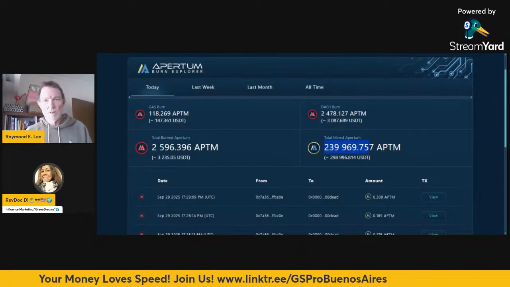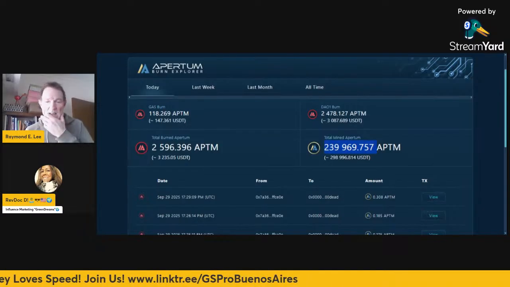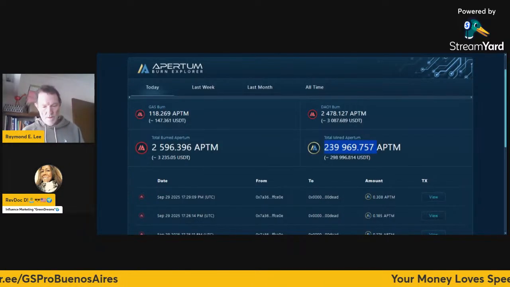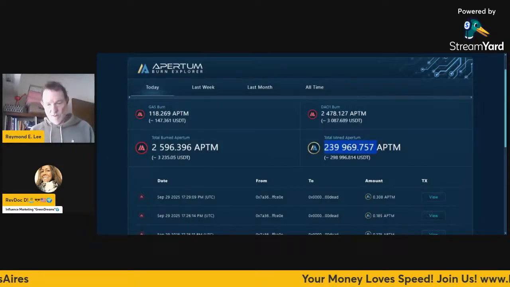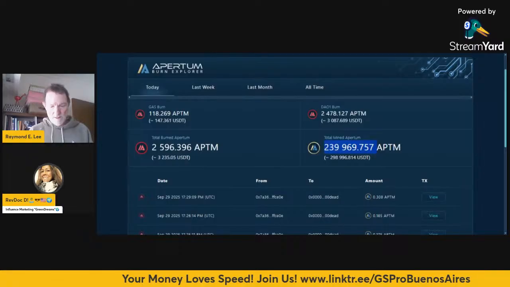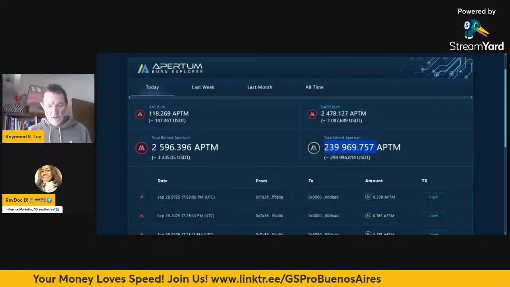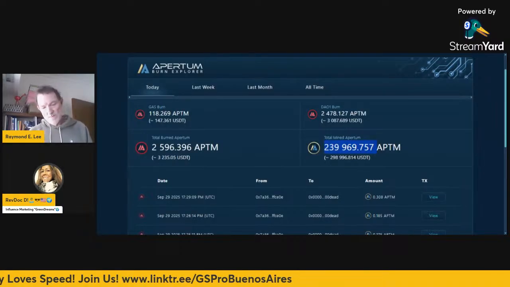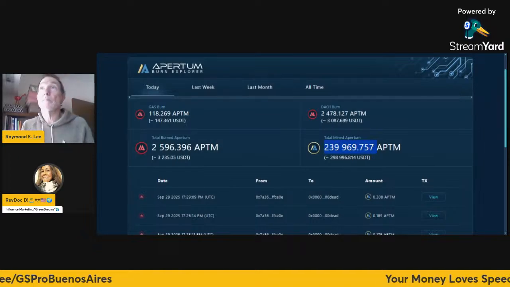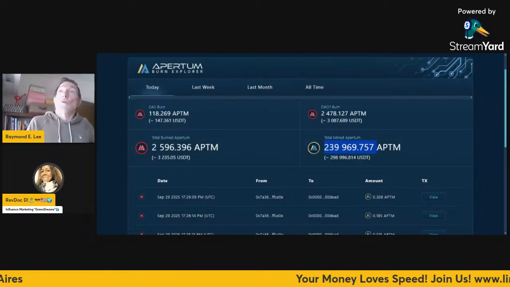Oh, there is a dot there. It looks like million from here, but it's thousand. 239, and it's 0.757. So they're at about 240,000, more or less.